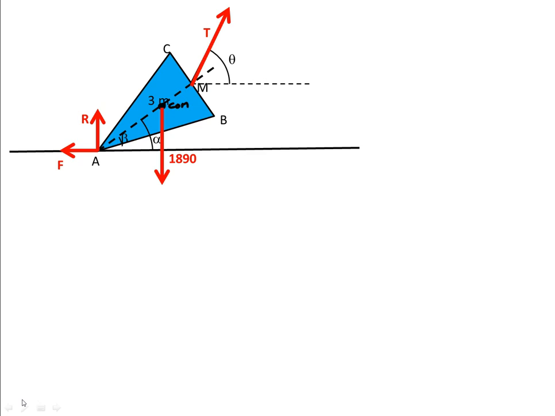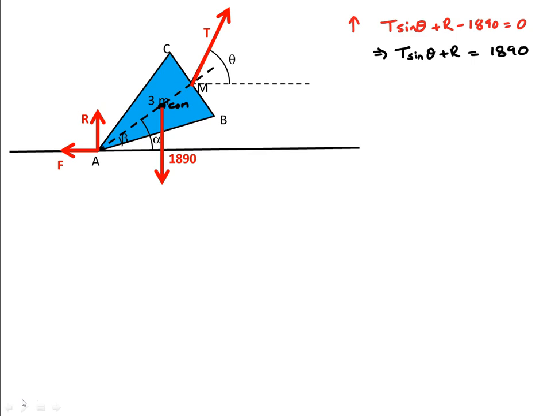Resolving vertically, we have T sine theta, the vertical component of T, plus R minus 1890 must equal 0. So T sine theta plus R must equal 1890.